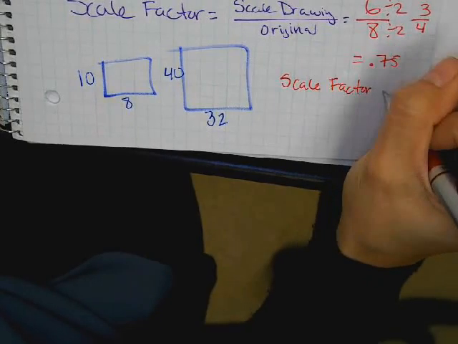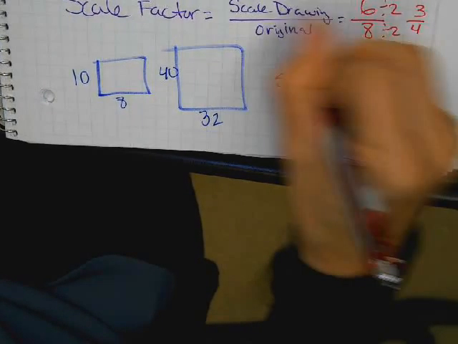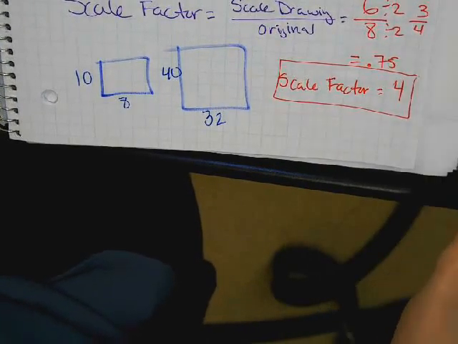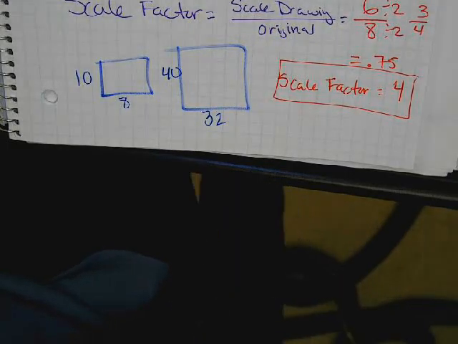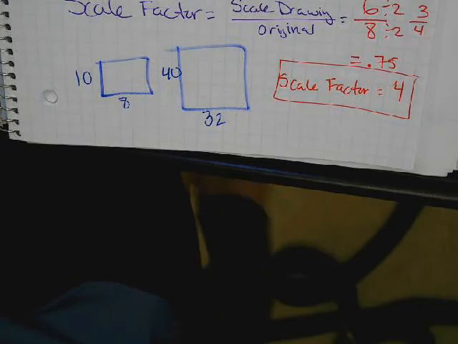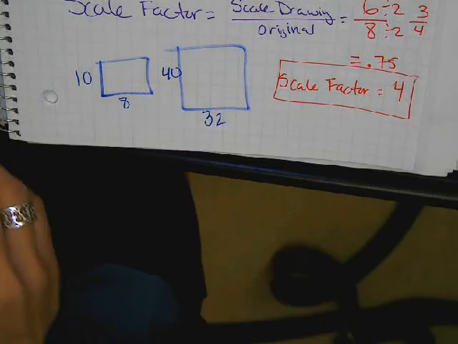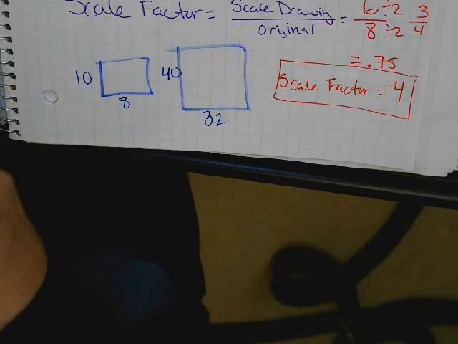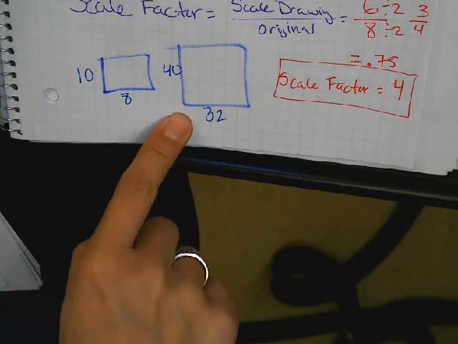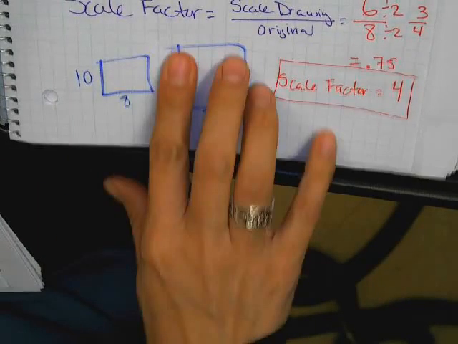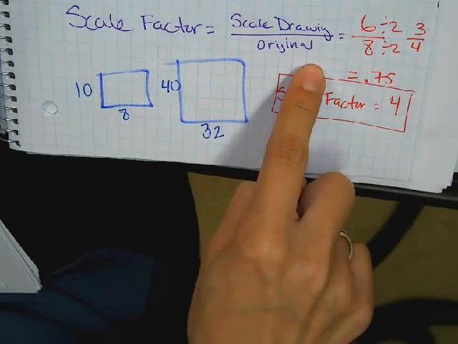So scale factor is 4. Done. This one's the easy one. When it's not as easy as this, then you're going to use this formula. Okay?